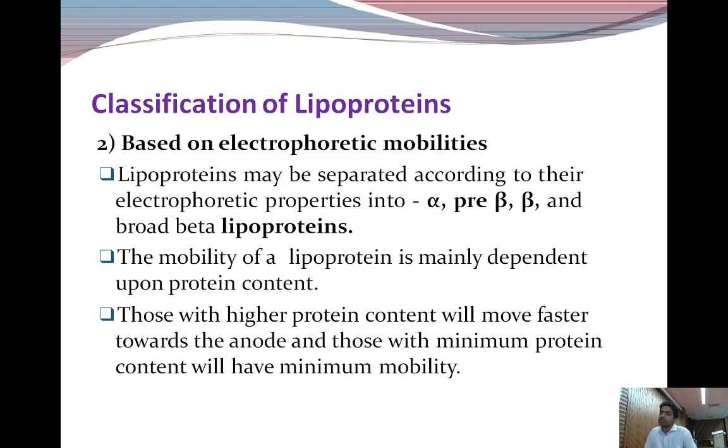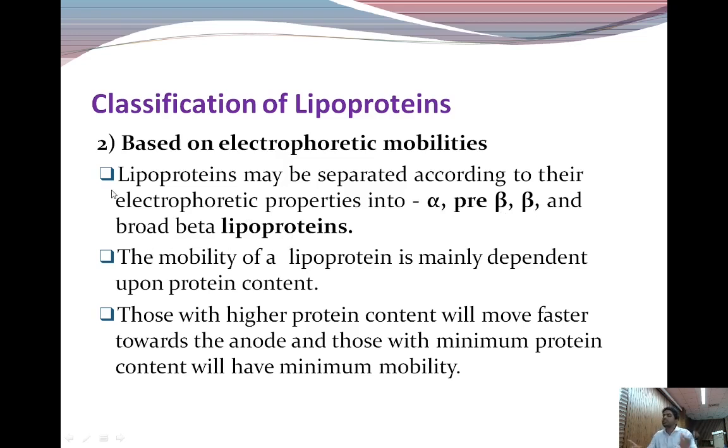Now, because lipoprotein contains protein also, it can be separated with the help of electrophoresis too. Once you separate by electrophoresis, it will form different bands, and different bands will contain different lipoproteins. So lipoproteins may be separated according to the electrophoretic properties into alpha, pre-beta, beta and broad beta lipoprotein.